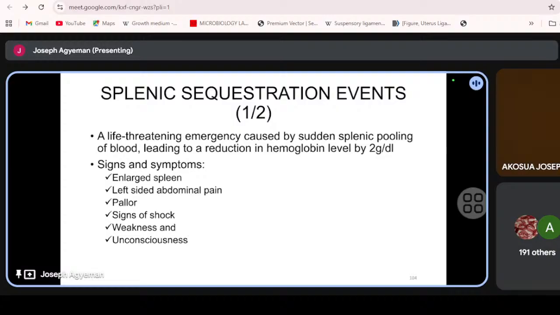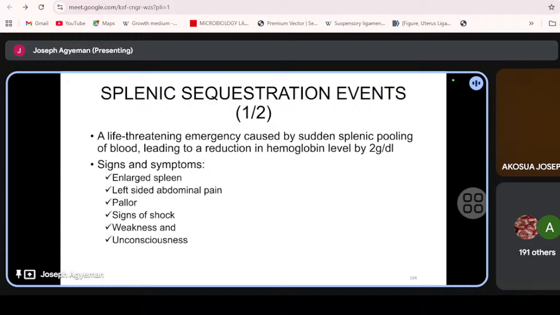The normal response to hemolysis is to increase erythropoiesis, and the evidence is that on the full blood count you will see reticulocytes increasing.